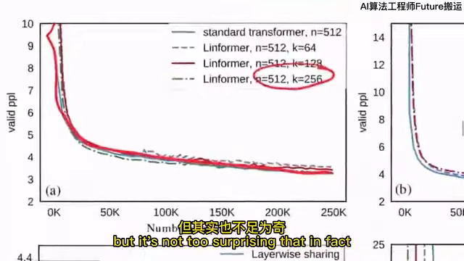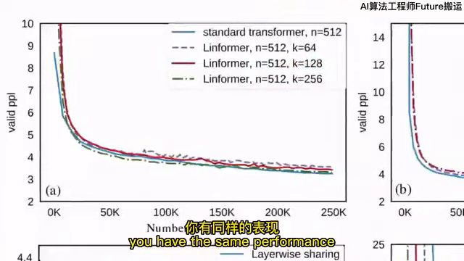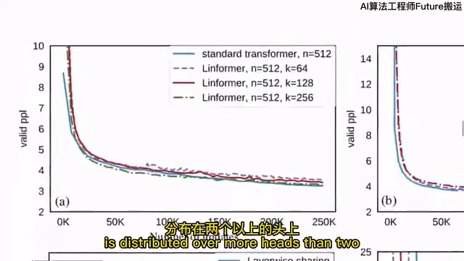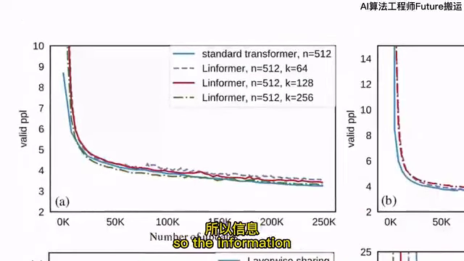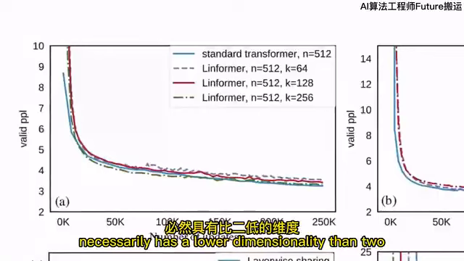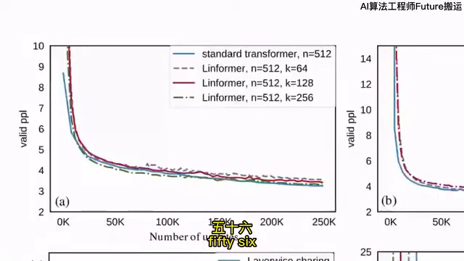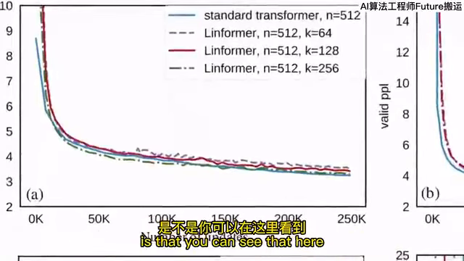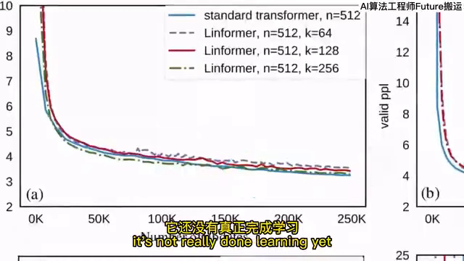But it's not too surprising that, in fact, you have the same performance, because probably the standard transformer is distributed over more heads than 2, so the information necessarily has a lower dimensionality than 256. One thing I want to draw attention to, though, is that you can see it's not really done learning yet.